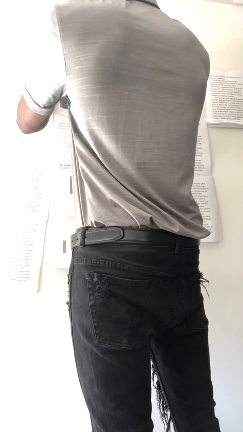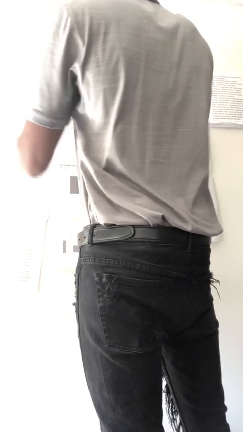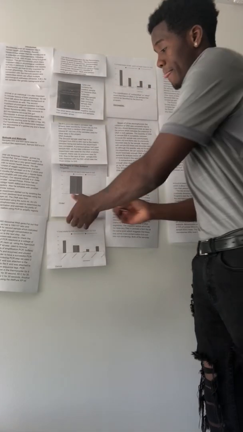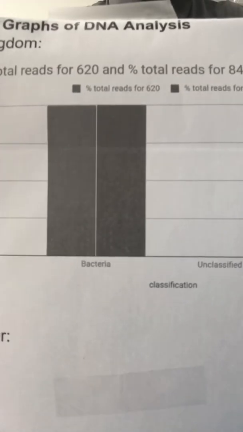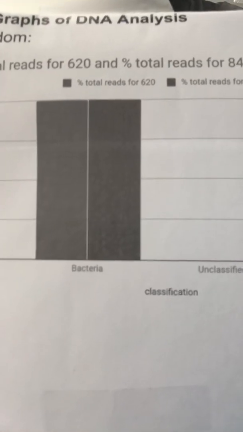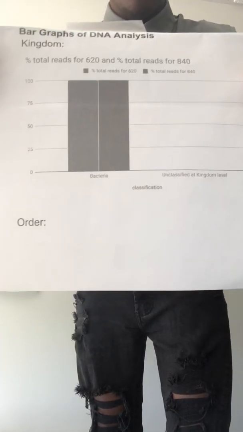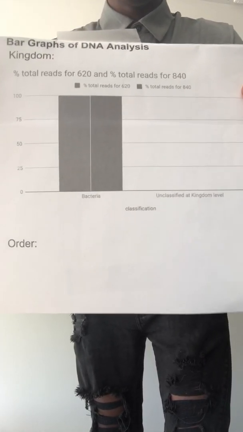Now for our kingdom chart, or kingdom graph, I should say. As you can see, bacteria in both 620 and 840 was 100%. There were no unclassified percentages.